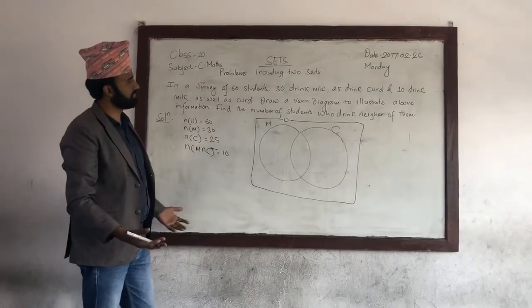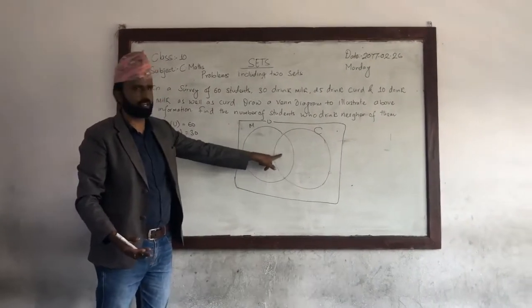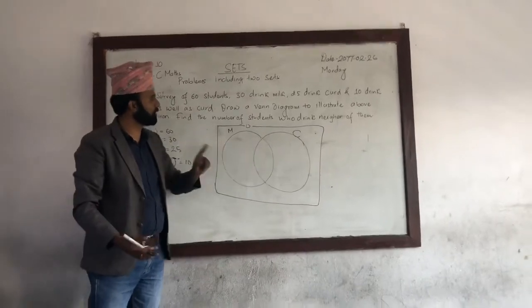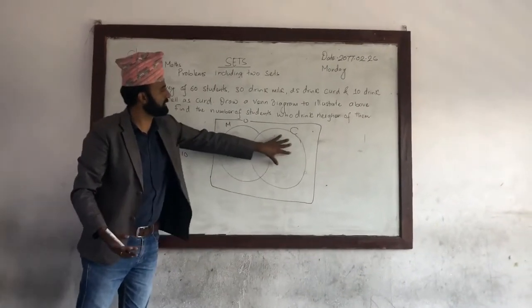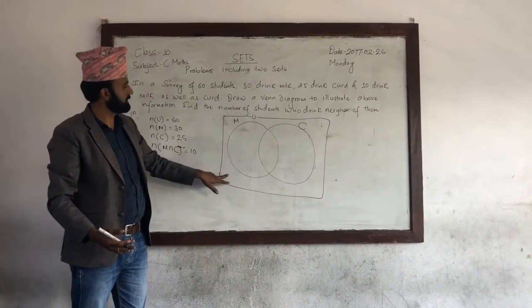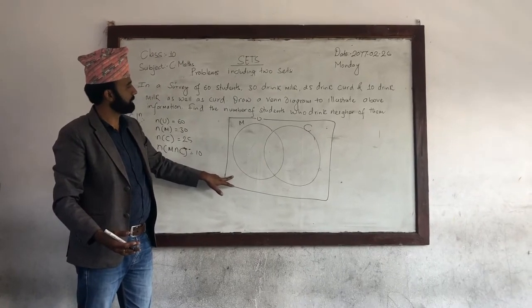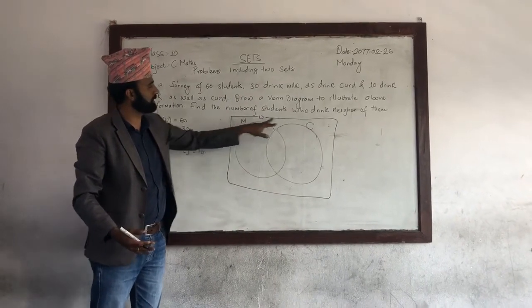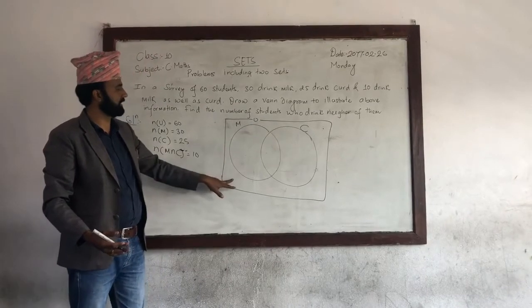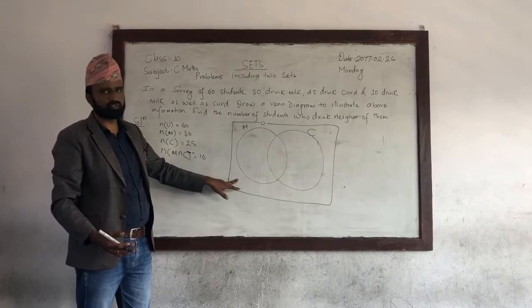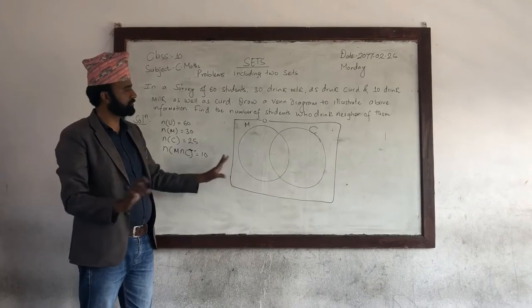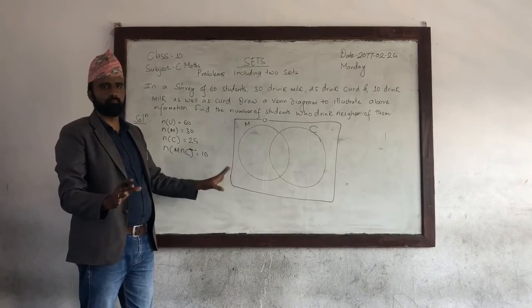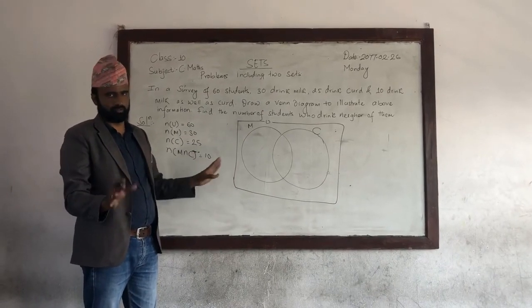Then we can see this is the common portion of milk and curd both, and this is M intersection C, and this is out of M union C. They do not like to drink milk and curd. Those students we include here, they do not like to drink milk and curd both.